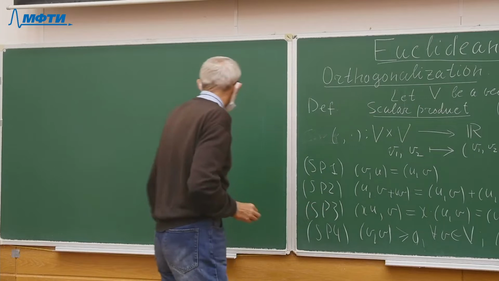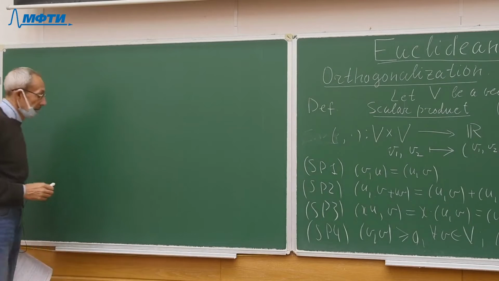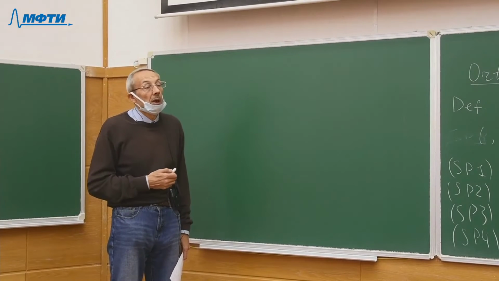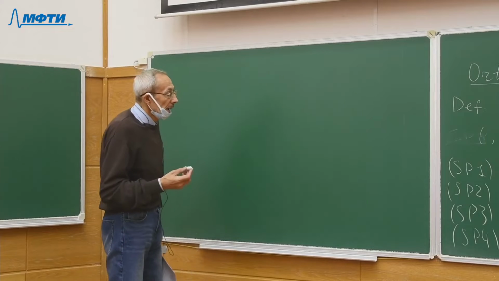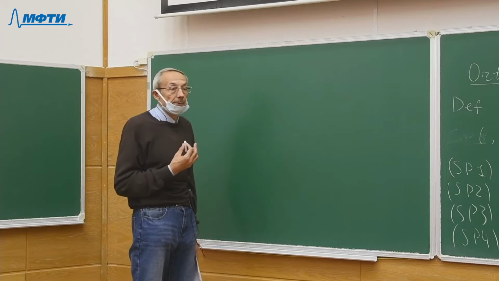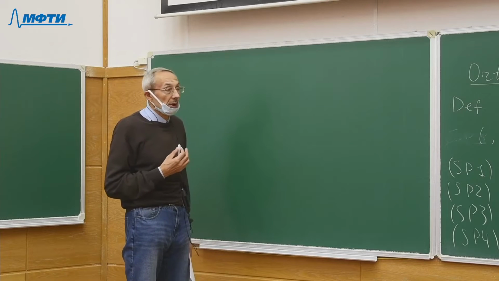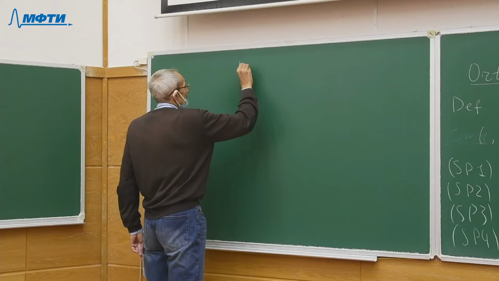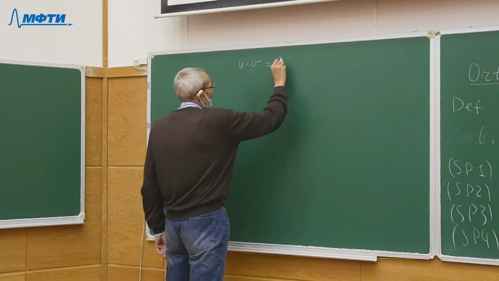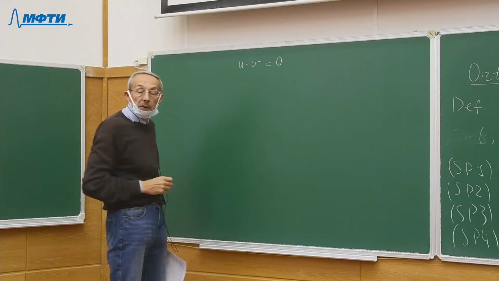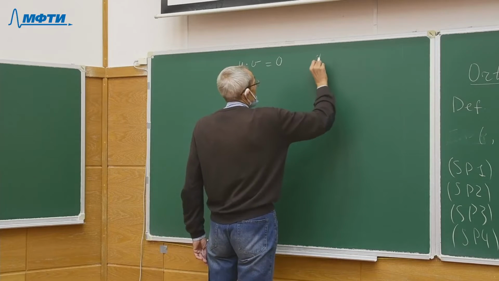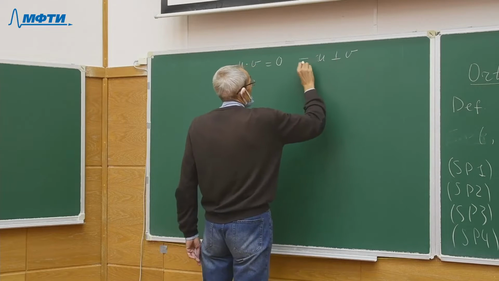I consider the next natural notion, the notion of orthogonality. I recall if we have two vectors of the geometrical vector space, for example u and v, and if their dot product is equal to 0, we say that these two vectors are perpendicular, and we use the notation u perpendicular v.